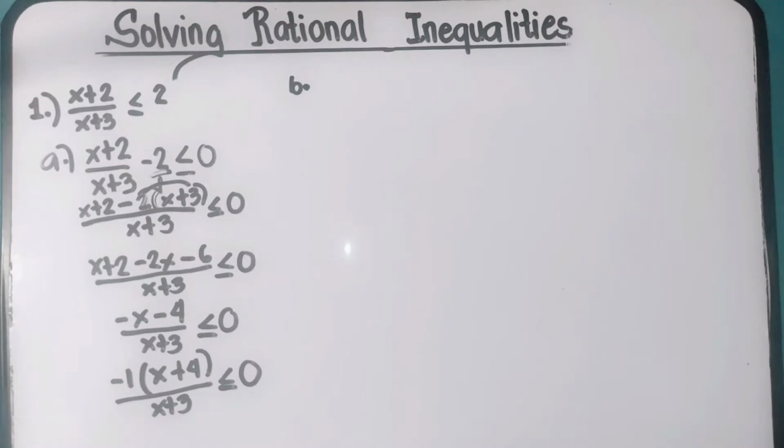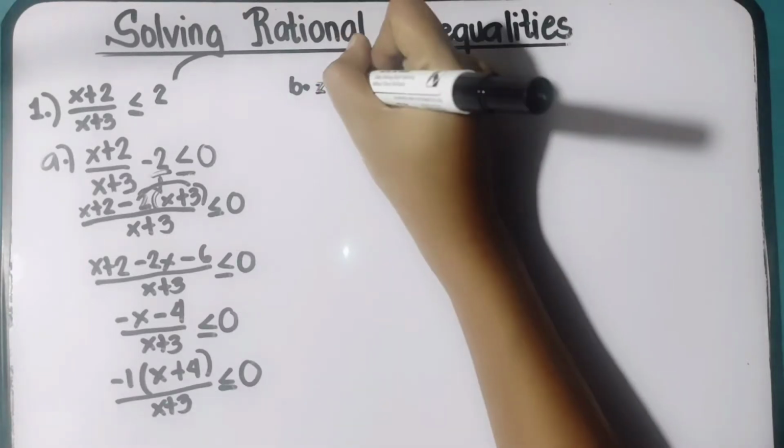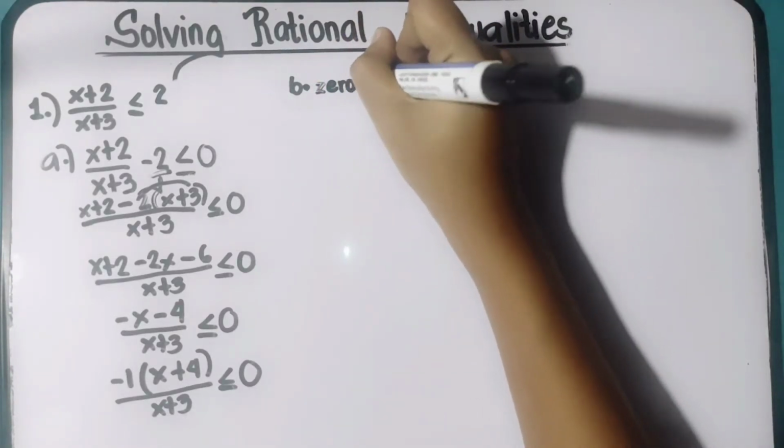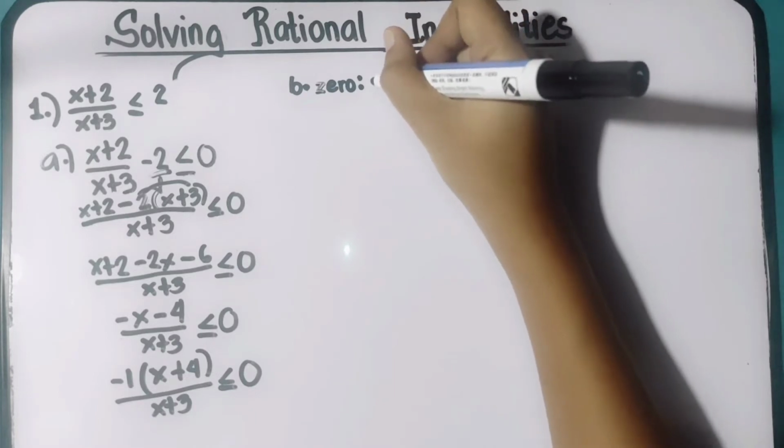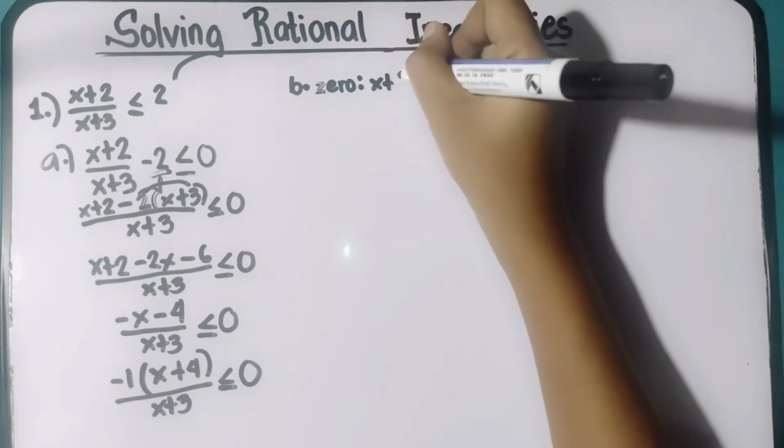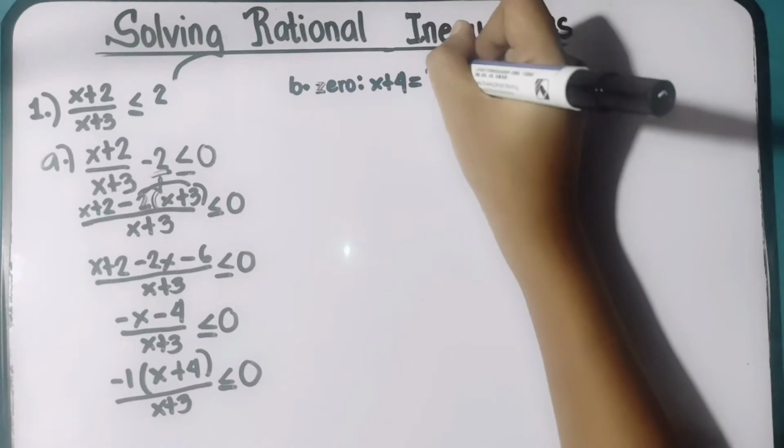is to find the value or values that will make the numerator 0. Our numerator is x + 4, equate to 0.